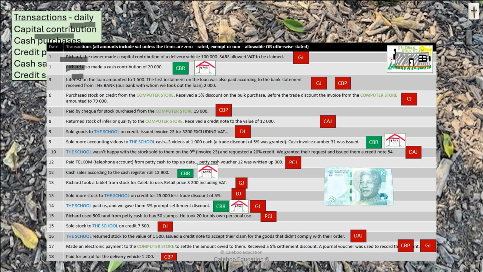And if you work through my videos, I take the transactions of Calibu Education for a month and I record them. I document all the transactions, I record all the transactions, and I do them in the books of Calibu Education. The whole monthly accounting or bookkeeping cycle, I demonstrate taking transactions right up to a trial balance, what happens on a monthly basis.